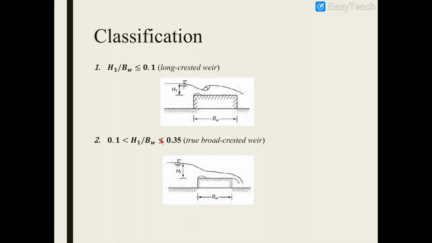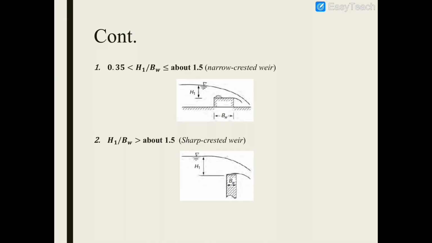If H1 upon Bw is greater than 0.1 and less than or equal to 0.35, then in this case the critical depth control occurs near the upstream end of the weir, and the discharge coefficient CD varies slowly with H1 upon Bw. In this range, this type of weir is called true broad crested weir. If H1 upon Bw is greater than 0.35 and less than or equal to about 1.5, then in this case the water surface profile will be curvilinear all over the weir.